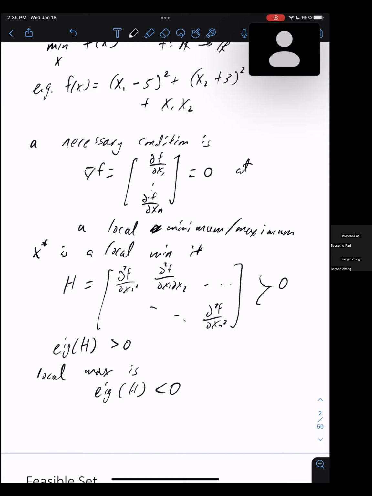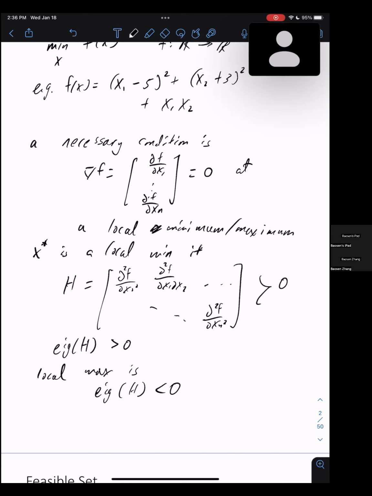So what happens if your eigenvalues are mixed? What is the interpretation? You can have, let's say, a 5 by 5 matrix, where 2 of the eigenvalues are positive and 3 are negative. Then what is going on there? You get something called a saddle point. A saddle point is a fancy name for basically the following.